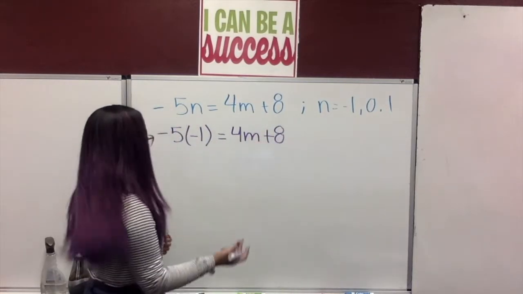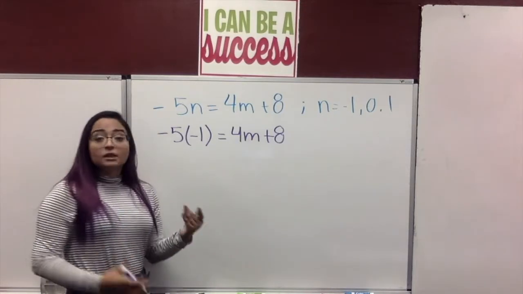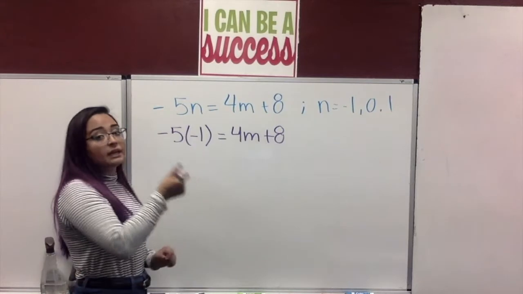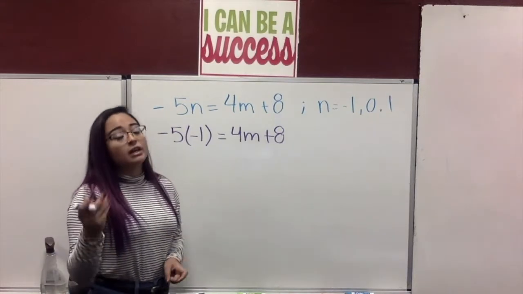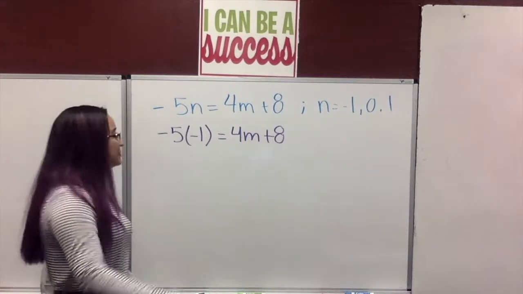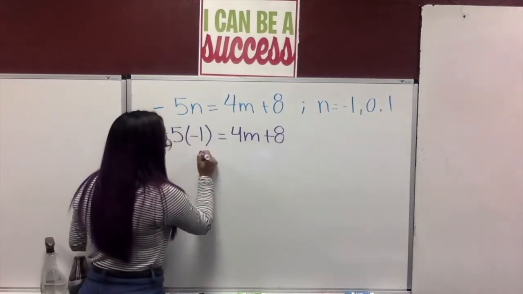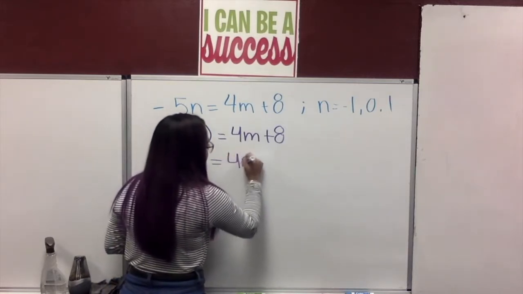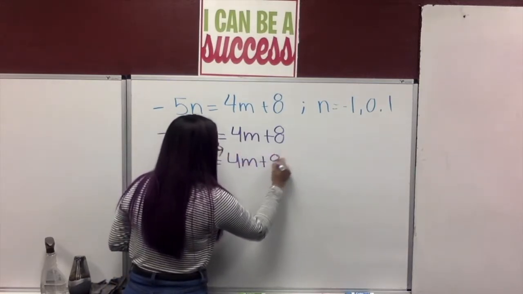Okay? Now, let's work it out. Start off by multiplying. When you multiply a negative and a negative, our answer will always be positive. So, we are left with a +5 equals 4m plus 8.